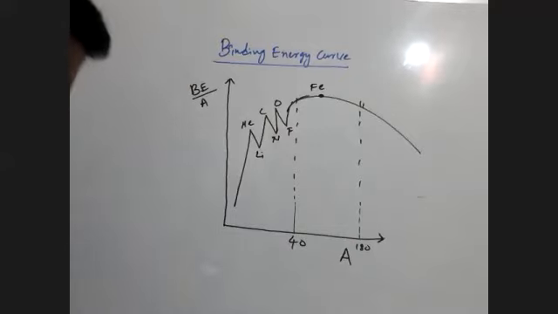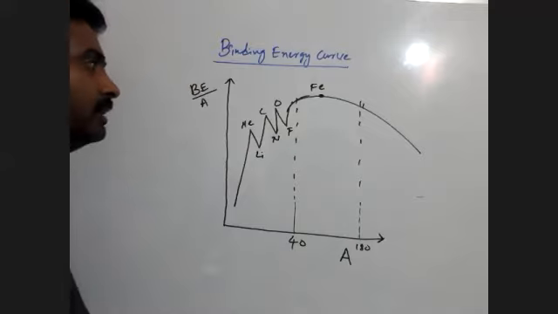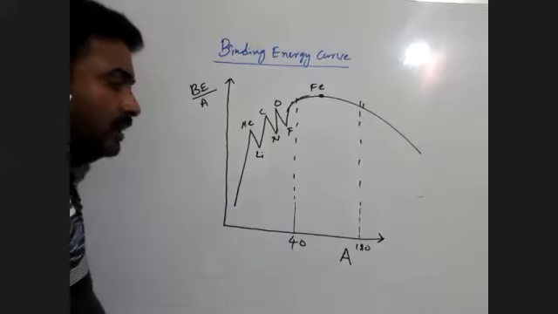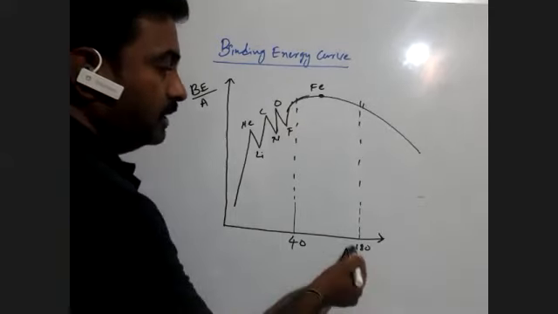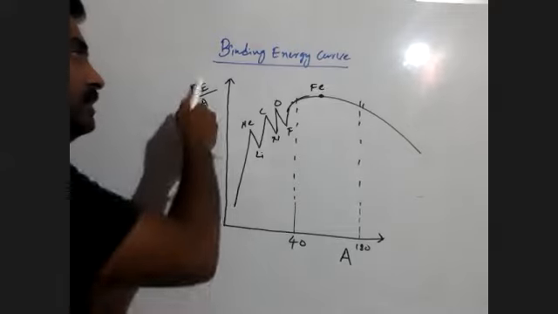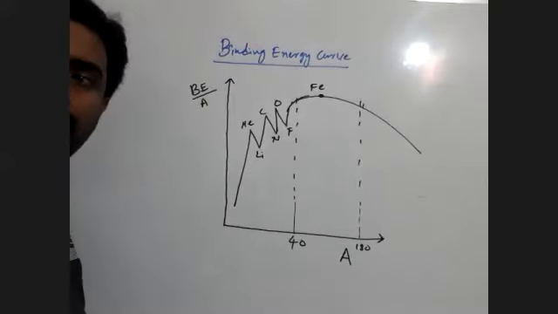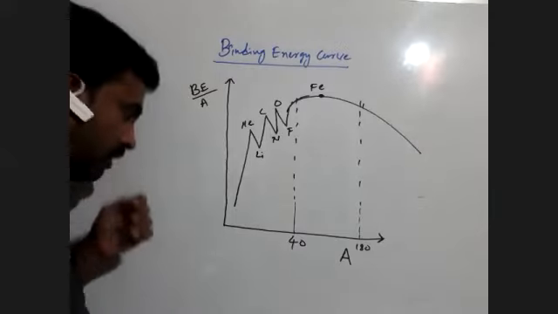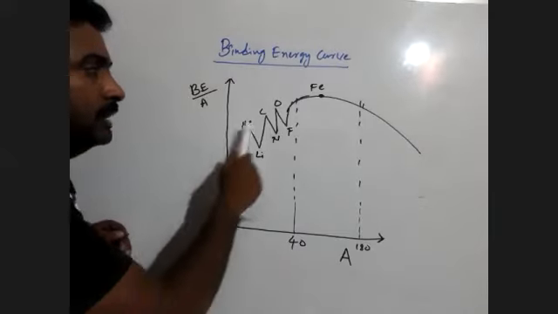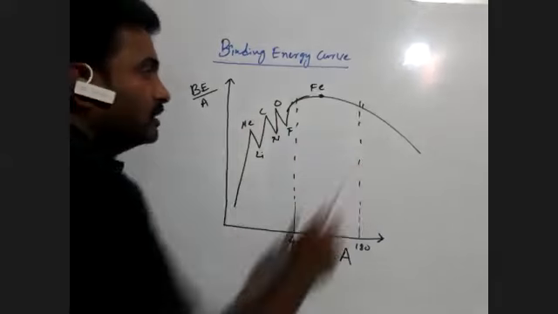Now looking at this graph, the variation of binding fraction, that is, average binding energy per nucleon, with respect to mass number. Mass number is taken on the x-axis, B by A, the average binding energy, on the y-axis. So the shape of the graph is like this.